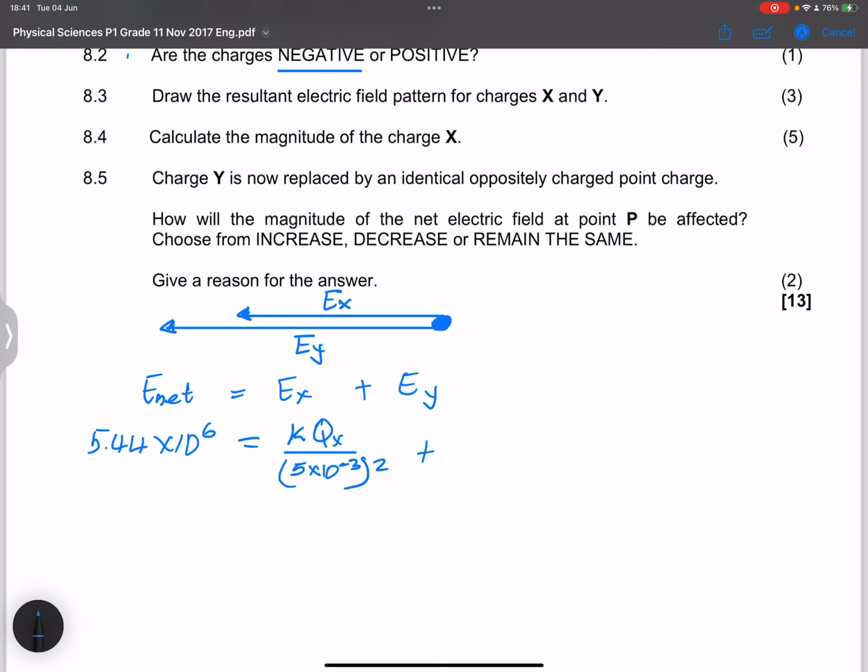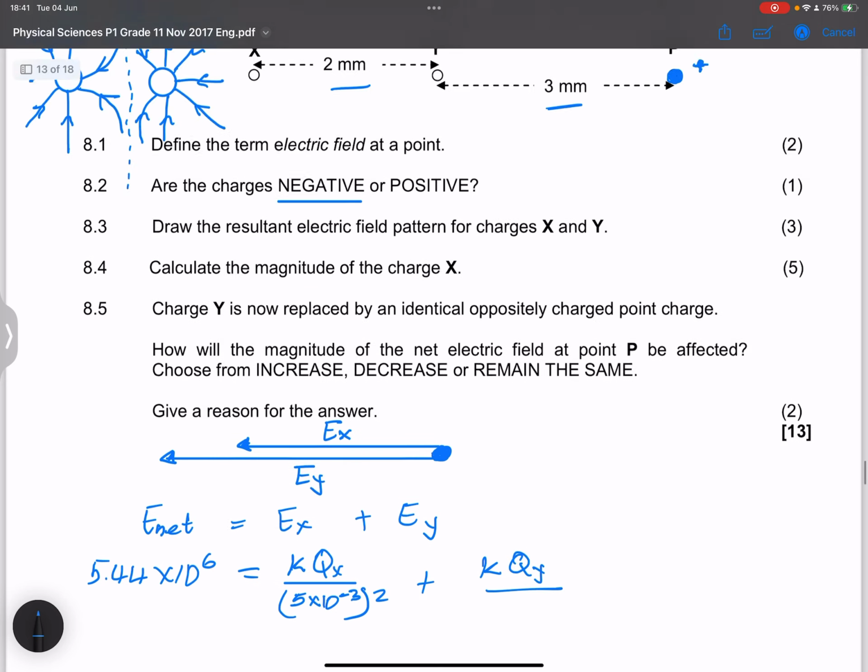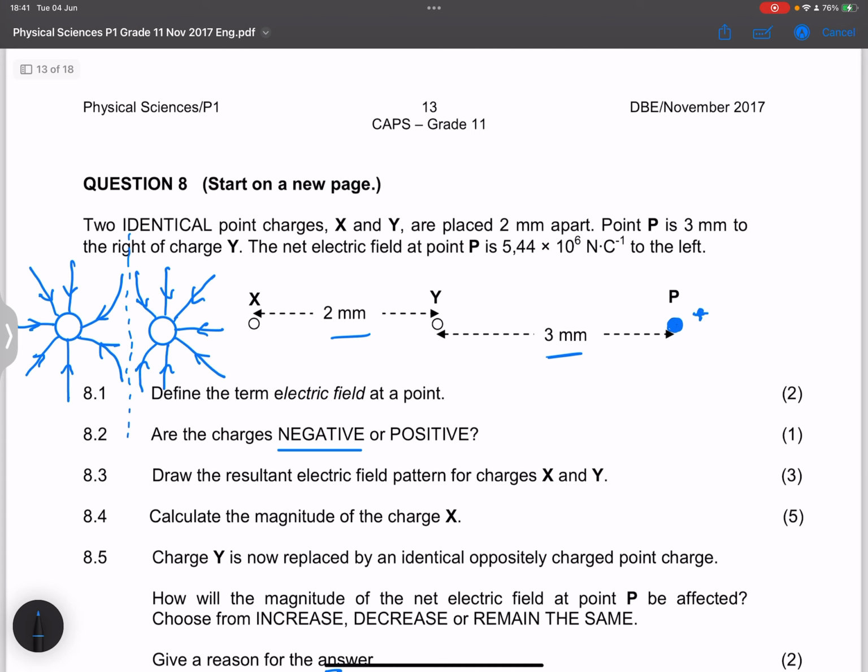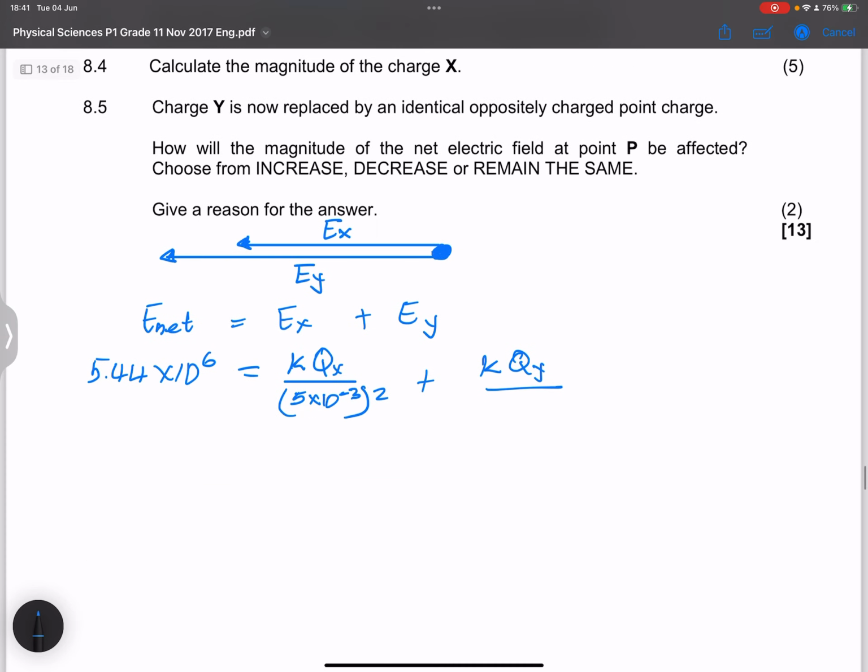Plus, in this case, it would also be kqy, right? And the distance between y and p is 3 millimeters, so that would be divided by 3 times 10 to the negative 3 squared. Now, ladies and gents, let's just substitute. So this would be 9 times qx, but we know that qx is equal to qy, so I'm just going to leave it as q.